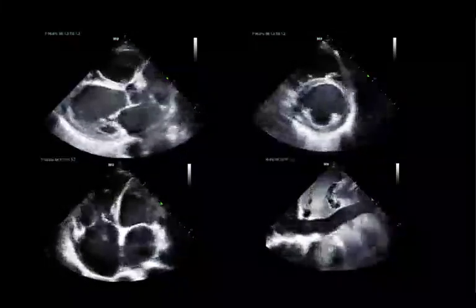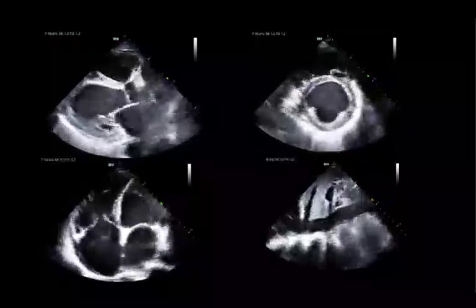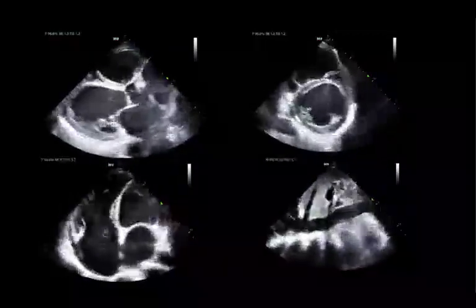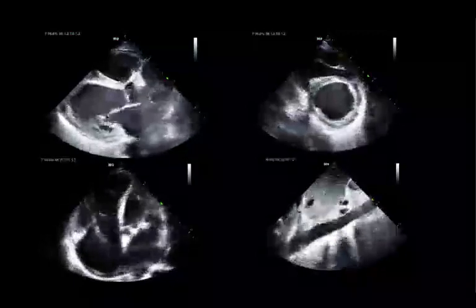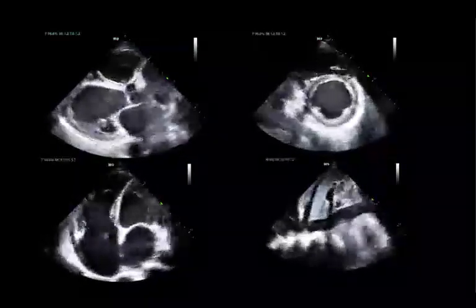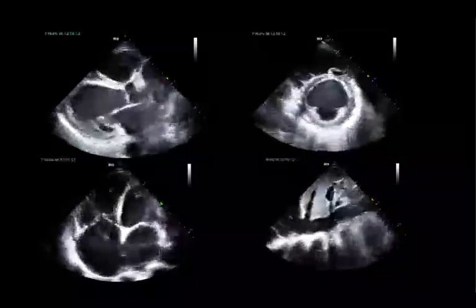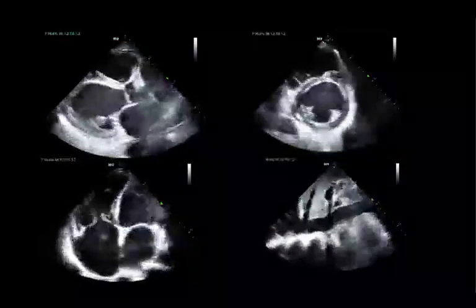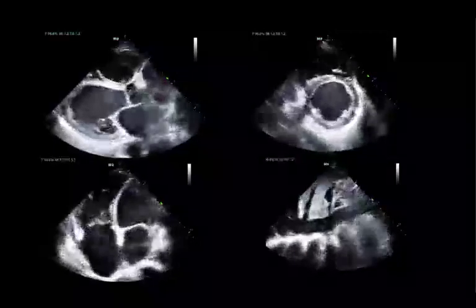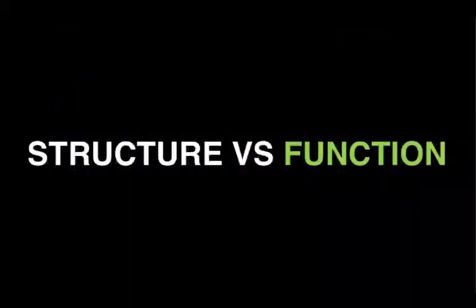Why does that matter? That is critical to answer the question of how much fluid I'm going to give to this patient. As you will find out, with some of the tools that we're going to use in this approach, we can take into account that structural assessment of the heart and then put it together with some functional assessment.